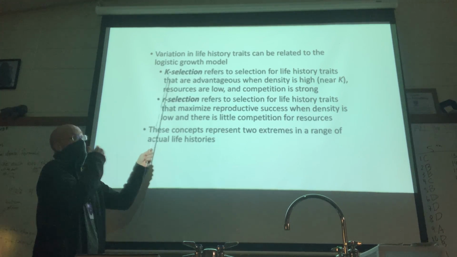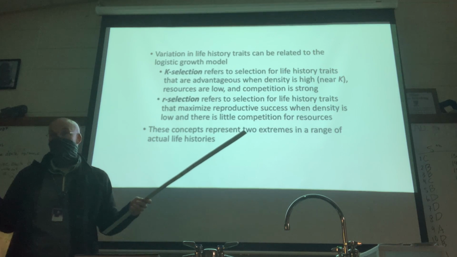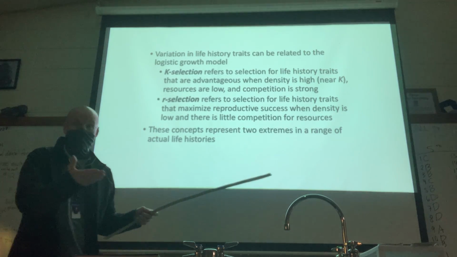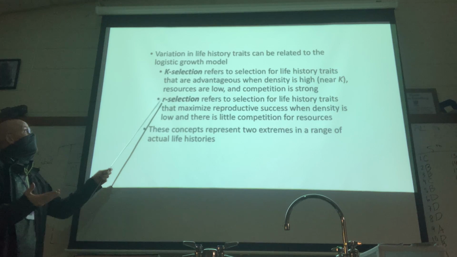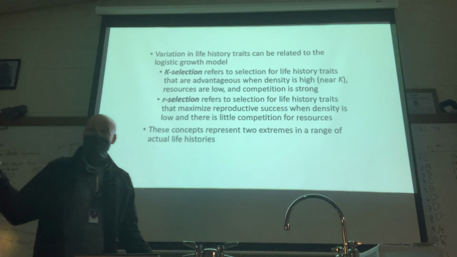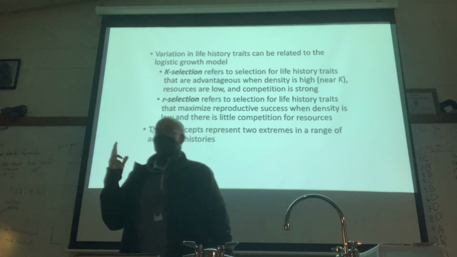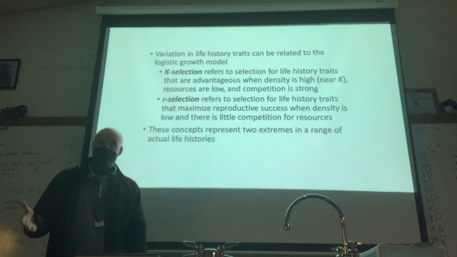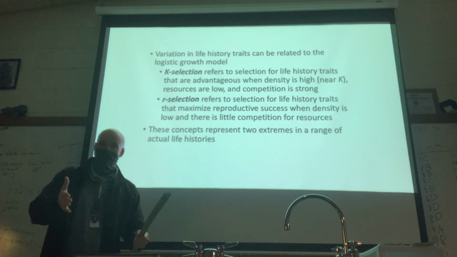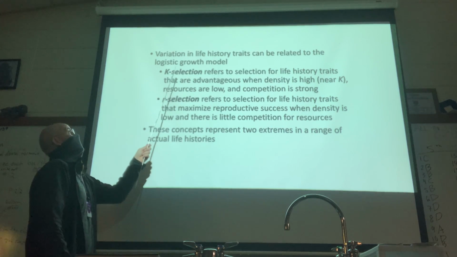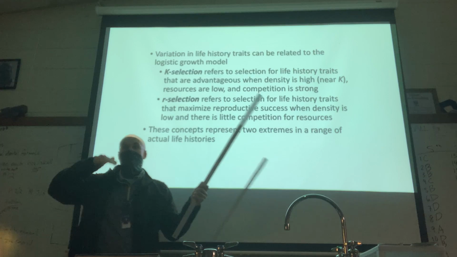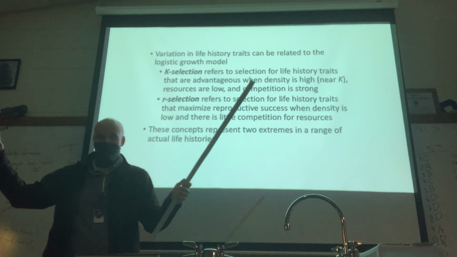The K refers to what? Carrying capacity. And the R refers to the growth rate. So there are some organisms that employ strategies that allow them to kind of hover around carrying capacity.